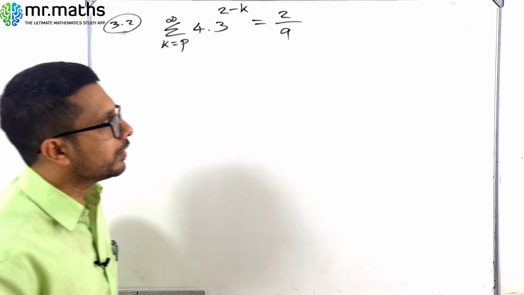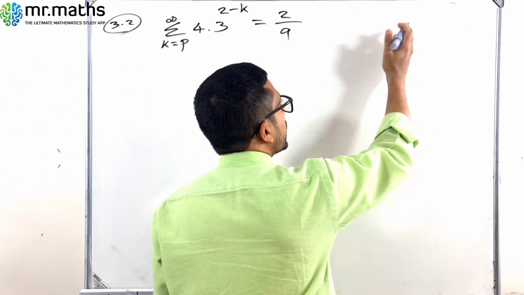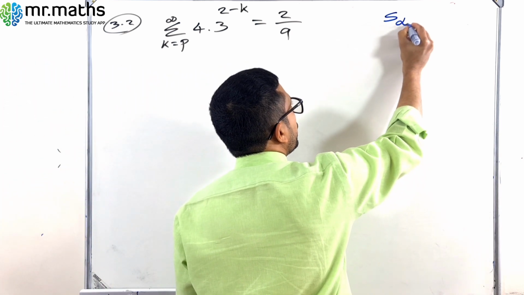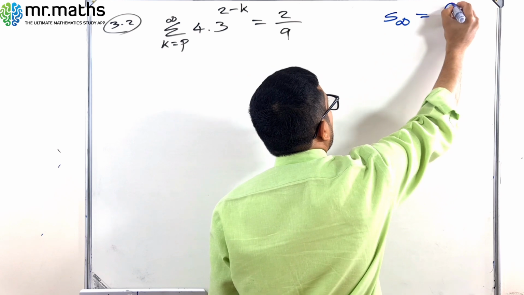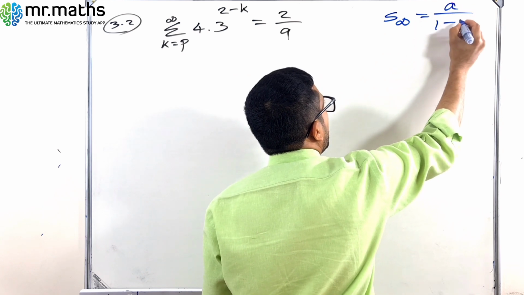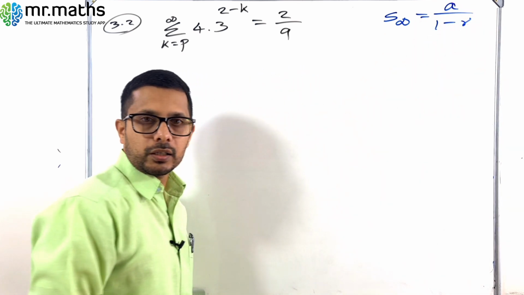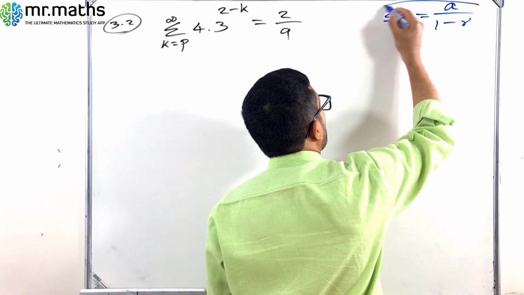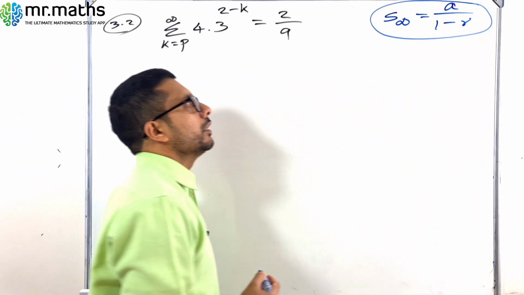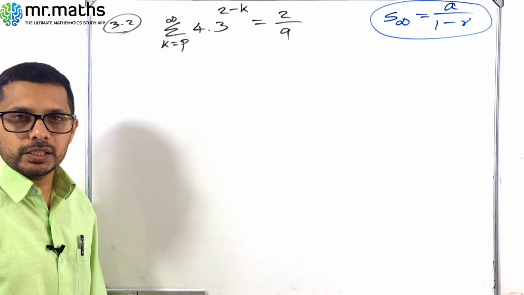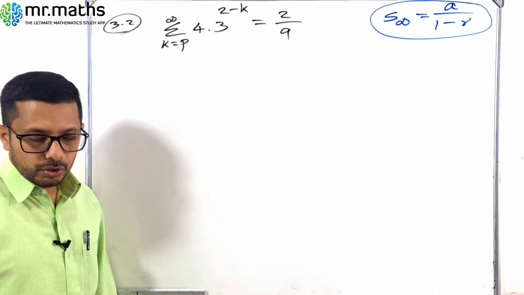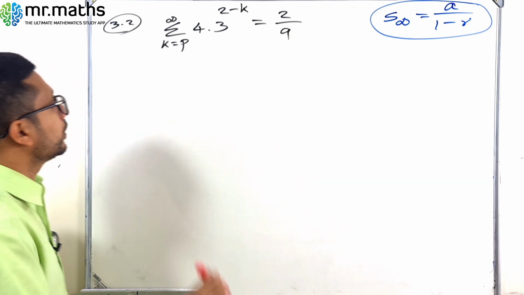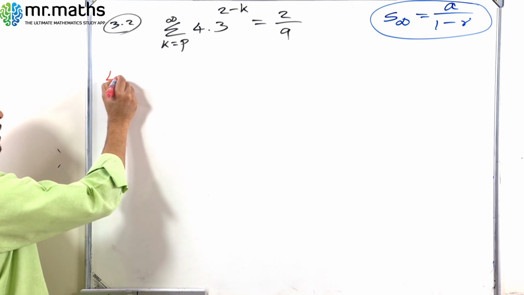In the case of a geometric series, you studied a formula to find the sum to infinity. What is the formula? Do you know that by heart? A divided by 1 minus r. That is the formula to find the sum to infinity in the case of a geometric series. Now look at the left hand side. I'm going to take the left hand side, LHS.